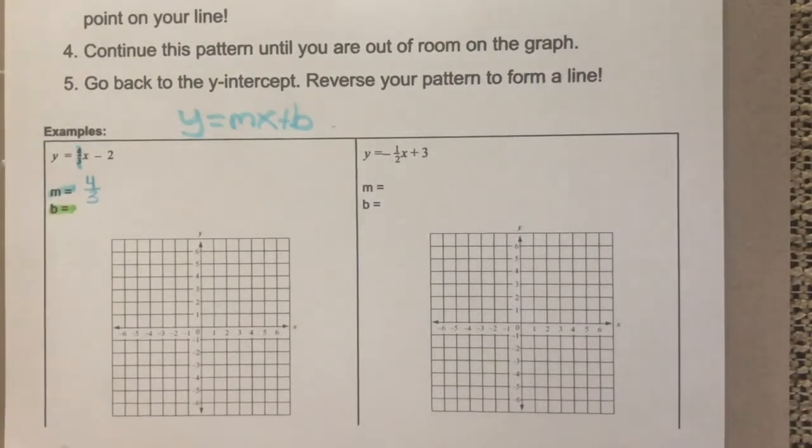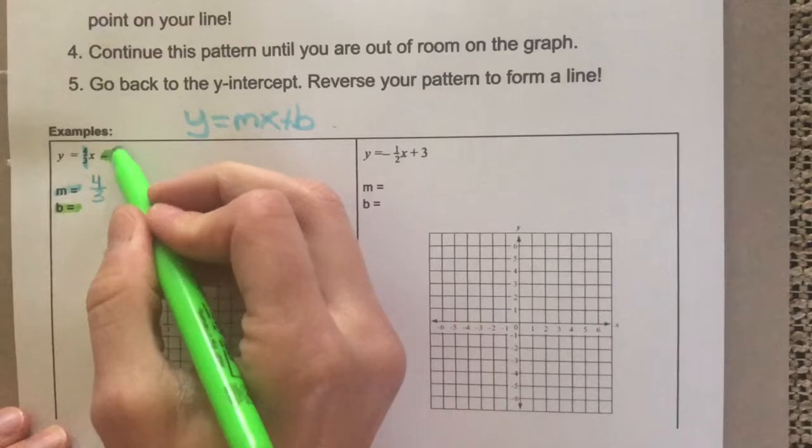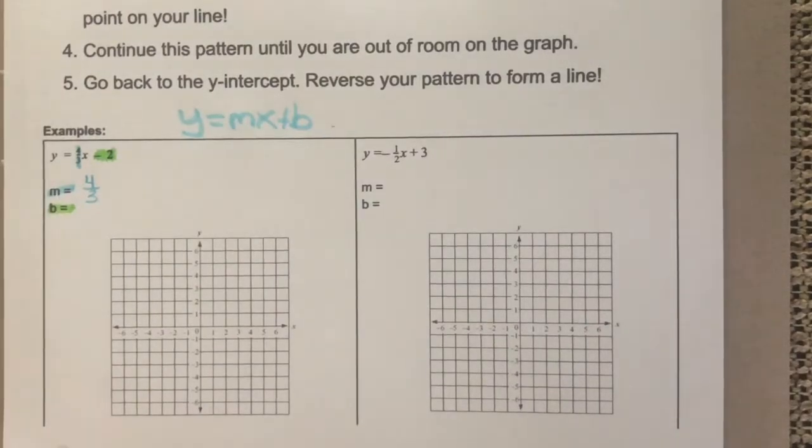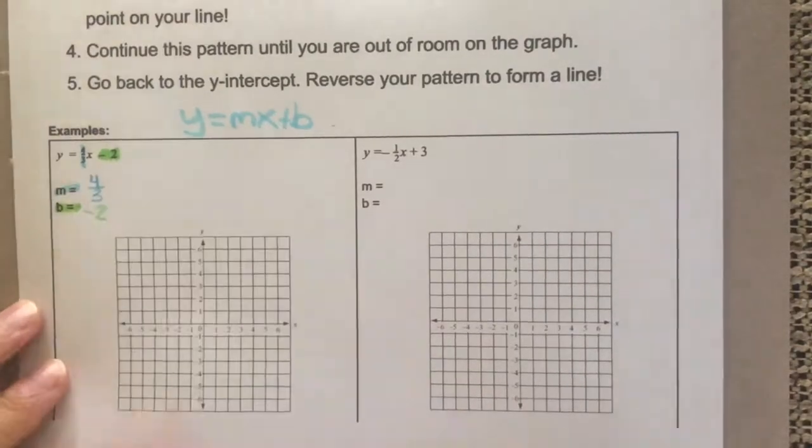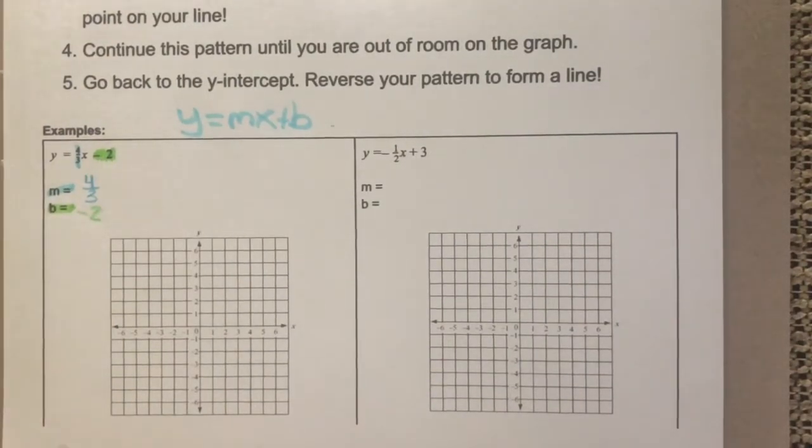My b value would be this whole thing. And notice I highlighted over that minus sign because that b is actually equal to -2. So I know what m is and I know what b is.